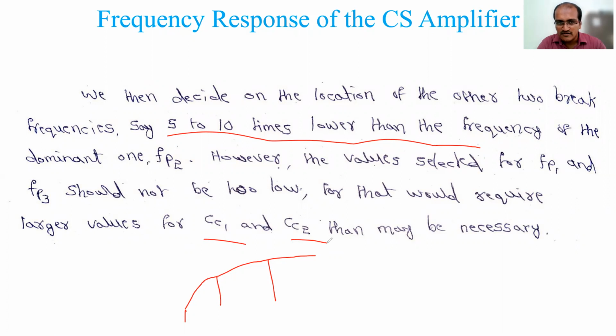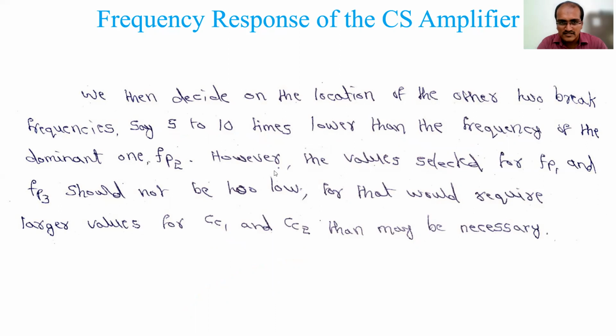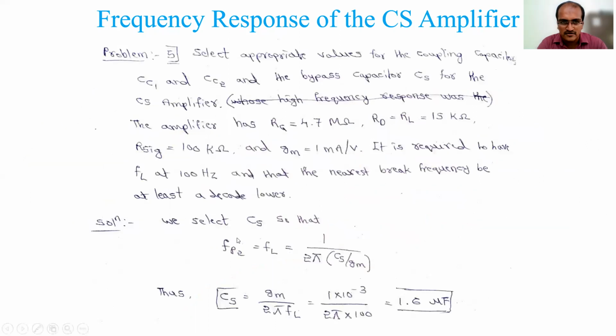Whatever we have done in these three sections is theoretical; the same thing we'll do as one experiment, maybe next week or this week. We'll show you a demo of the first lab, which will give you a clear idea of the amplifier performance. Now let us see a problem on choosing the values of CC1 and CC2.